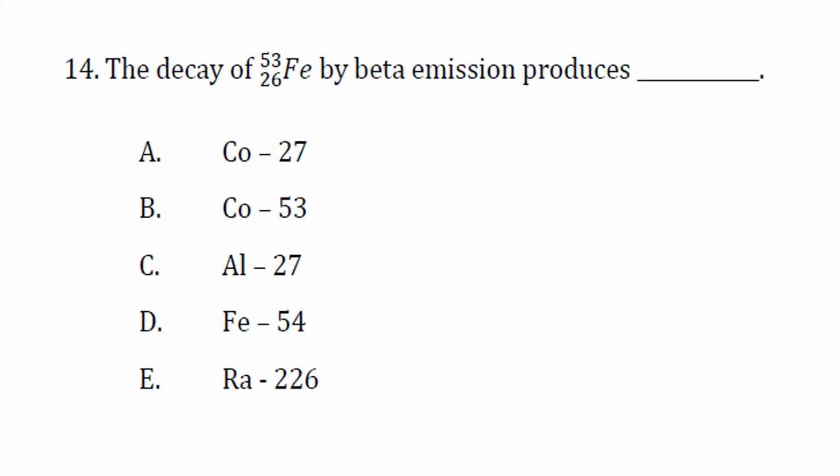The decay of iron-53 by beta emission produces, so we have iron-53, and iron has an atomic number of 26. If it undergoes beta emission, it produces a beta particle, and a beta particle has the symbol 0, -1, e. So the sum of the atomic numbers on the product side should be equal to the atomic number on the reactant side.